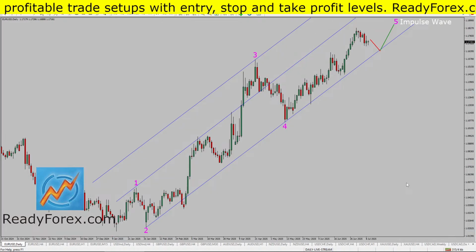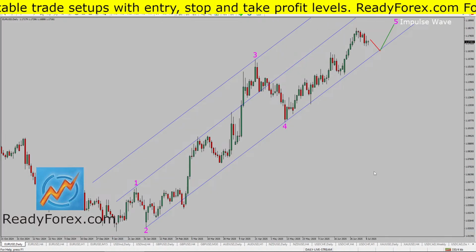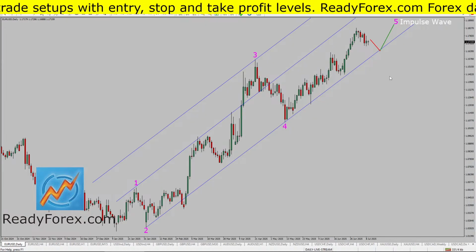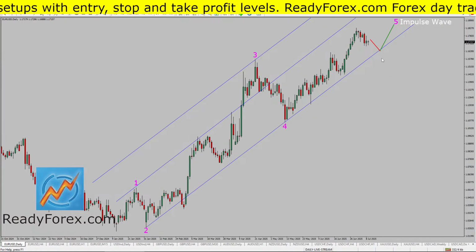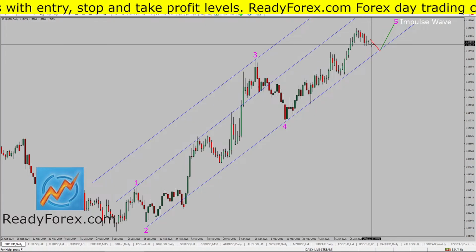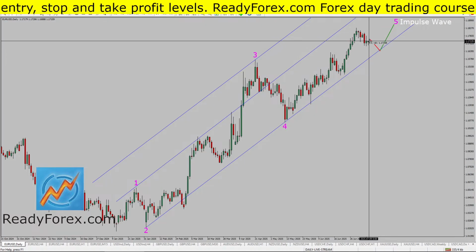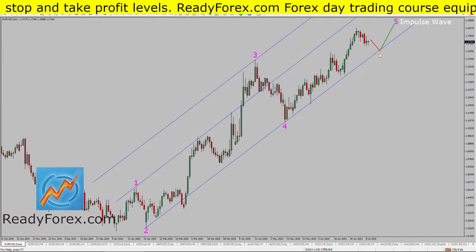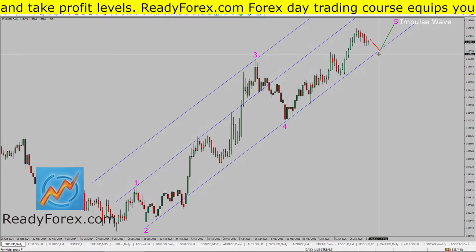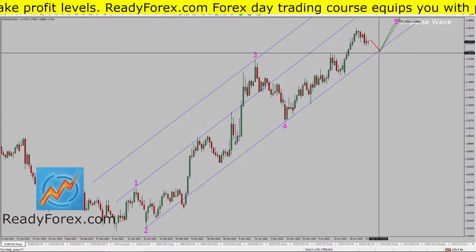Right now Euro dollar is trying to go sideways. I expect a drop in price action and then the market is probably going to print a new high.